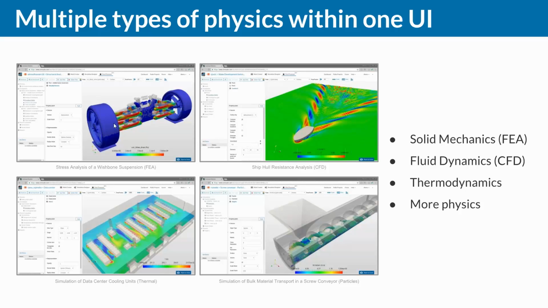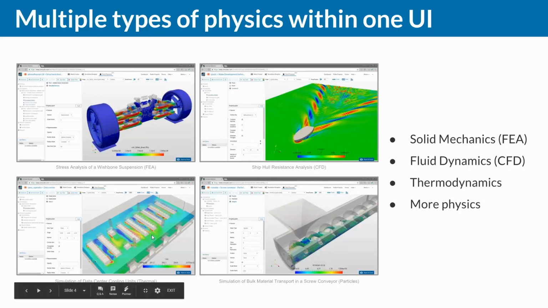So we've got structural mechanics, FEA, nonlinear, linear, contacts, assemblies, parts, etc. As a module, we've got flow simulation, and there, today we're going to look at single-phase incompressible, but we're also doing compressible, multi-phase, heat transfer, conjugate heat transfer, these sort of things.